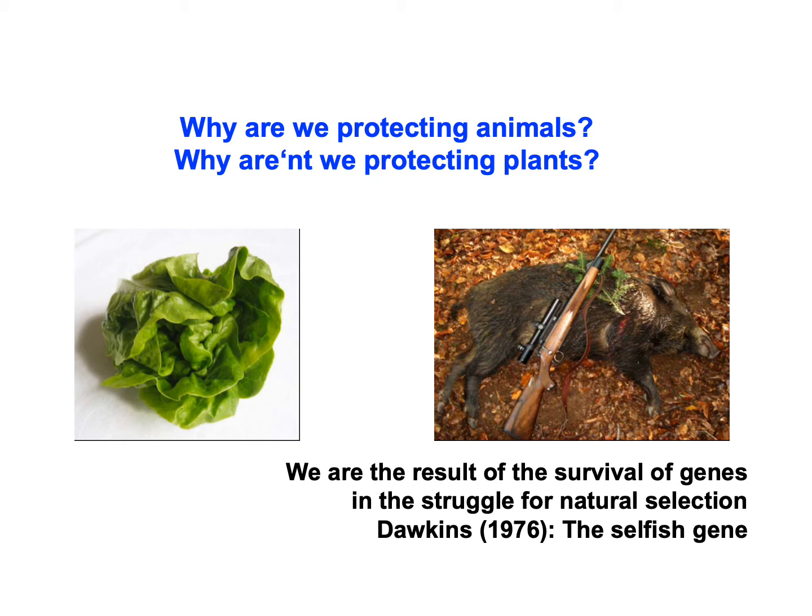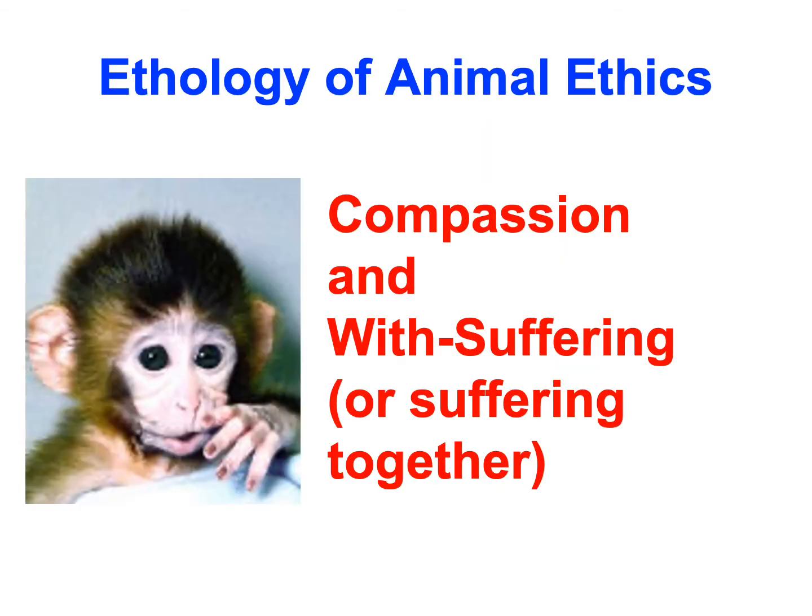Today we have to add the struggle for sexual selection, which is also a very important drive of selection and evolution. The ethology of animal ethics means that we have compassion and suffer together with the animals.